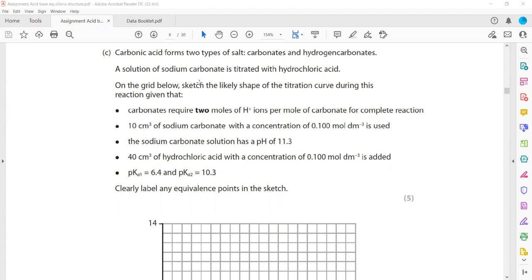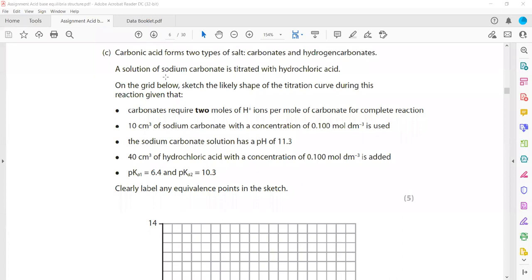The pKa1 means when the first acid is formed, and the second acid is pKa2. Using Ka1 we get pKa1, and using the Ka2 dissociation constant, we get pKa2. Clearly label any equivalence point in the sketch.